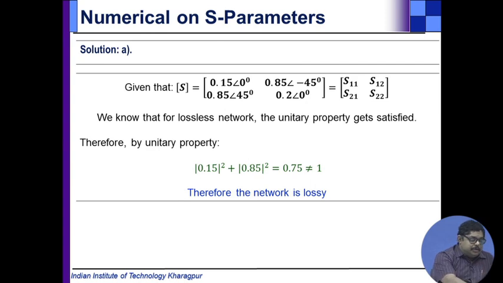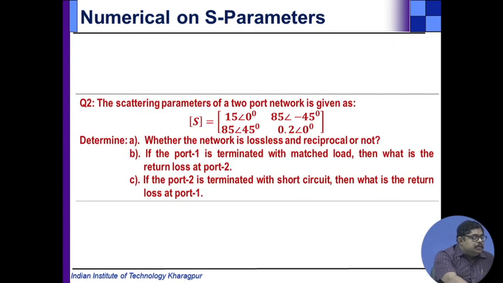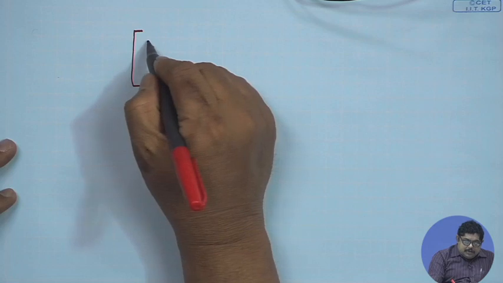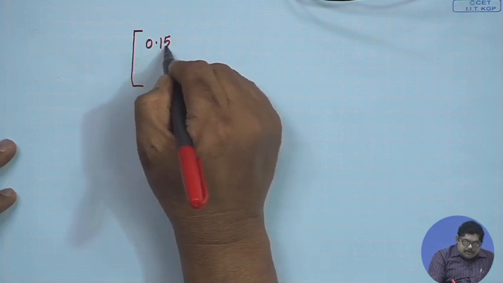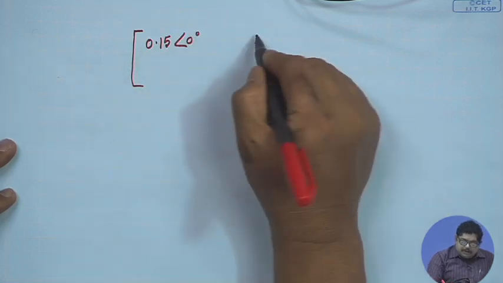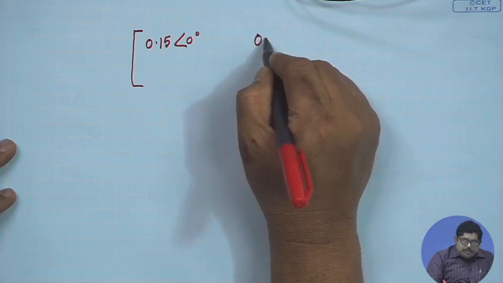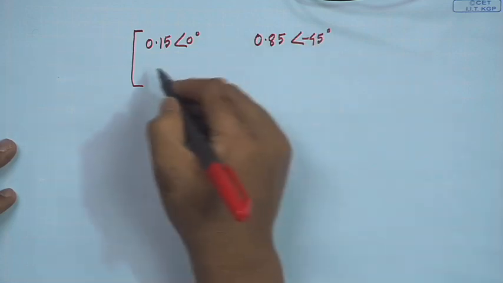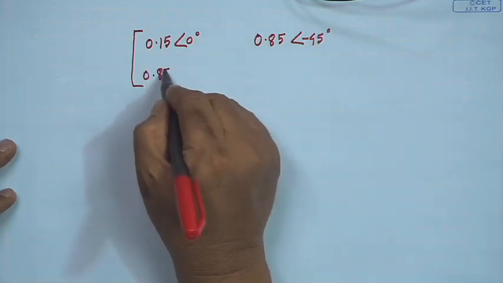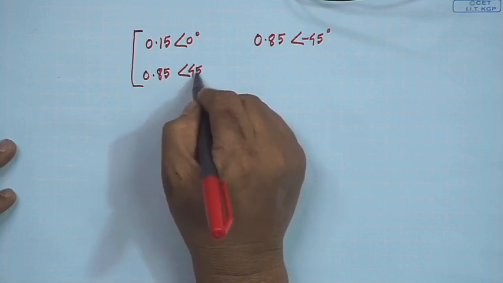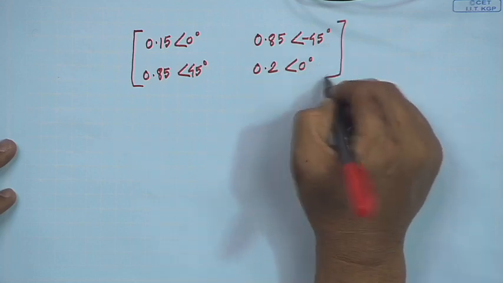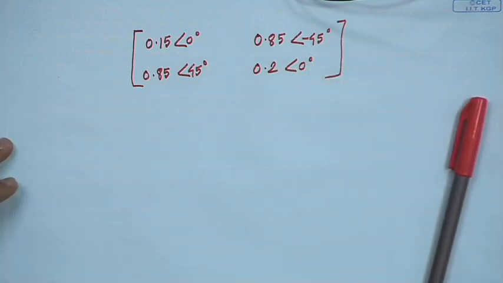In the slide the S parameter values are a bit wrong, so correct it, it is given here.